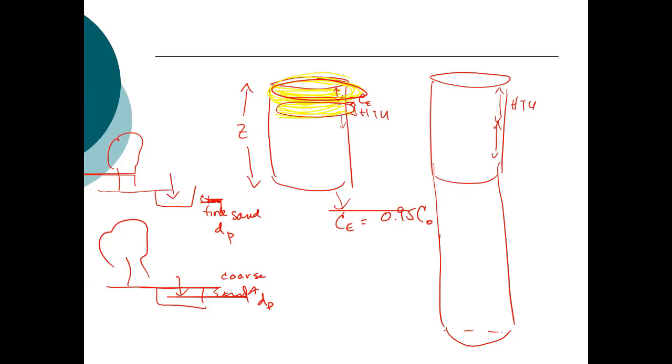Exactly. Okay. And it also increased with porosity to the fourth power. So it was inversely proportional to porosity. So as porosity decreases, which it will as we move to fine sand, the head loss is going to increase to the fourth power. And it increased with the square of the diameter of your particles.